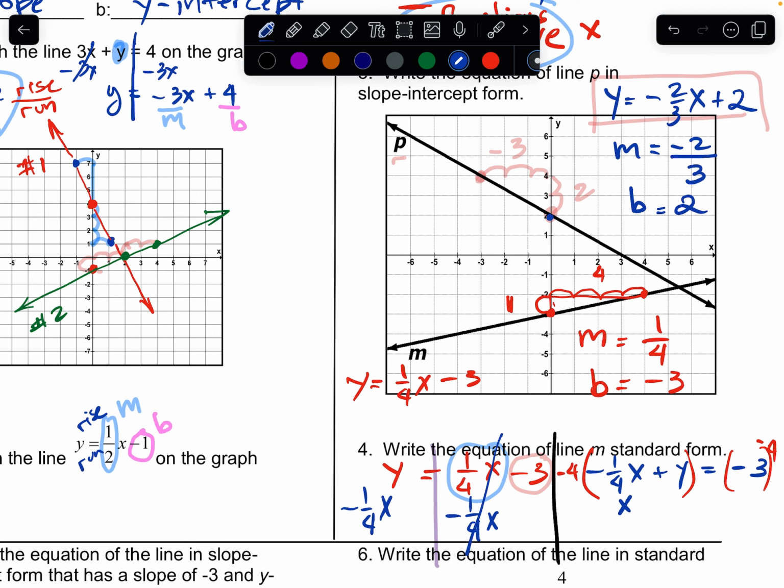And this becomes x. And this becomes negative 4 times y, so a negative 4y. And this is equal to negative 3 times negative 4, which becomes a positive 12. Okay? And this is my equation in standard form.